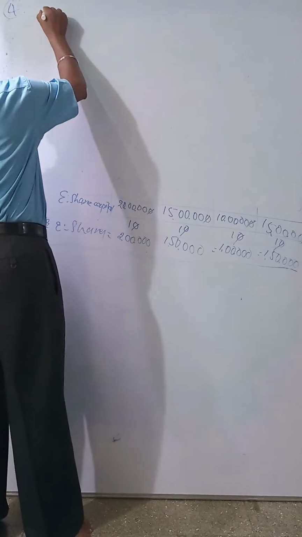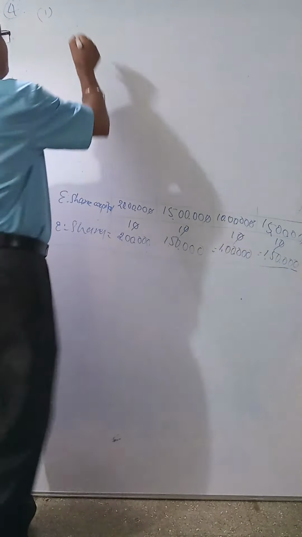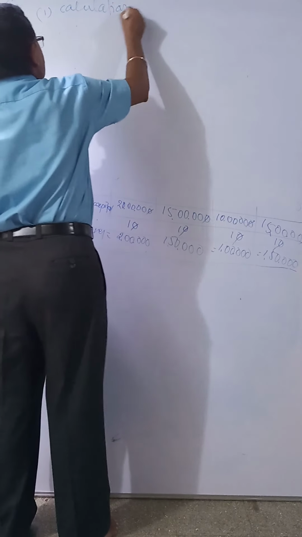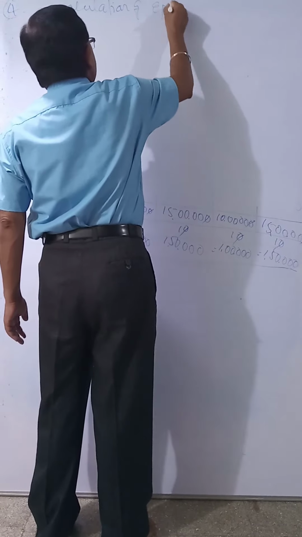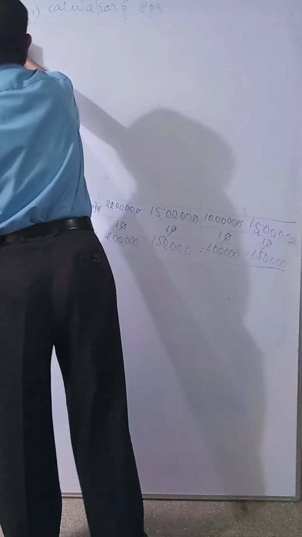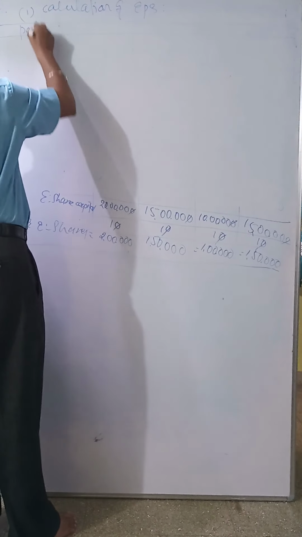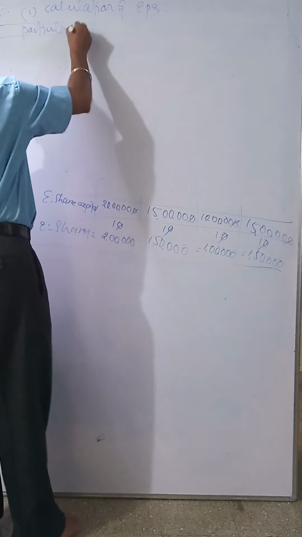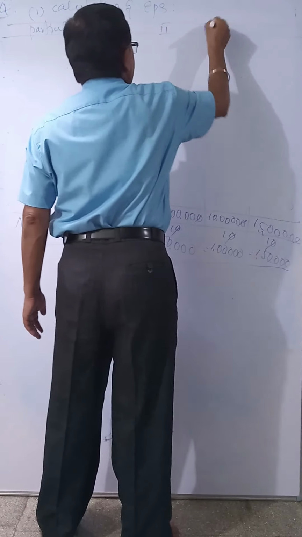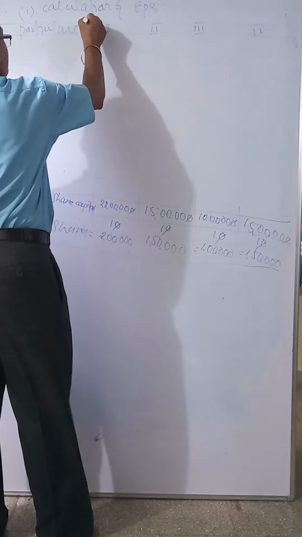See, the first point is the working note now. I wrote the second point; this is to write first. Calculation of EPS, calculation of earning per share. Earning means profit per share. See particulars: plan 1, plan 2, plan 3, plan 4. 4 points are there, no?